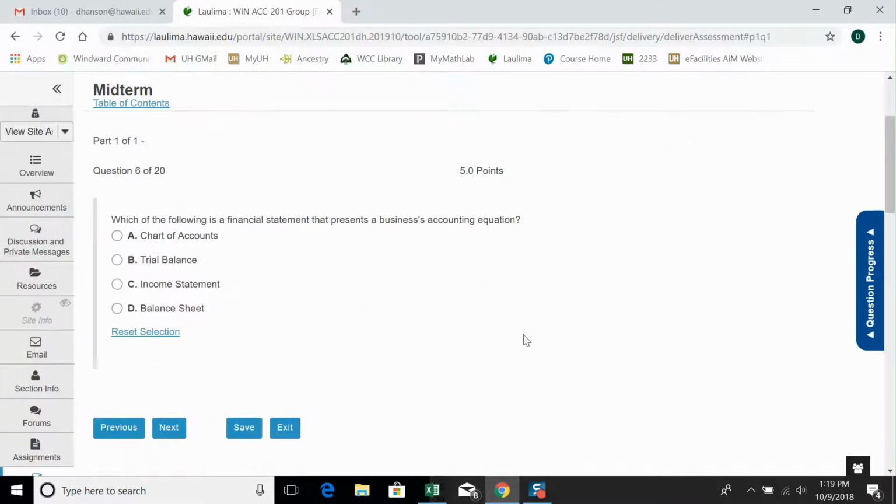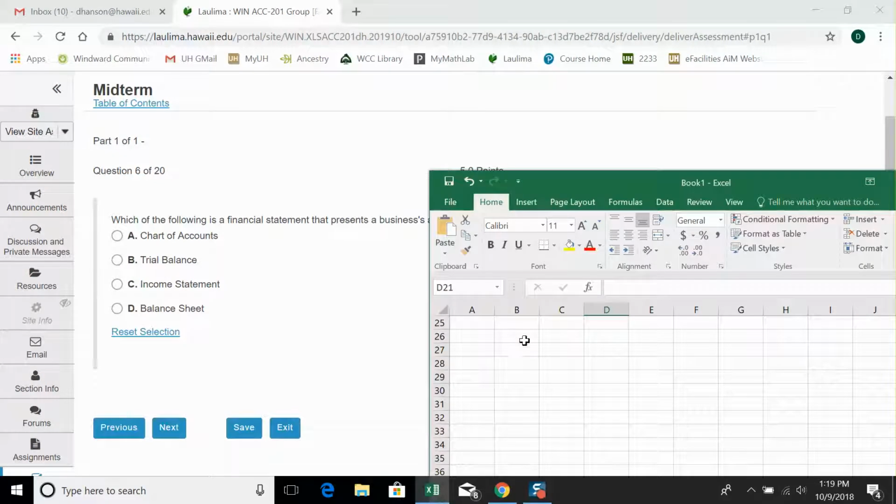Okay. Question 6. Which of the following is a financial statement that presents the business's accounting equation? Okay, so remember, income statement is your revenue minus expenses.